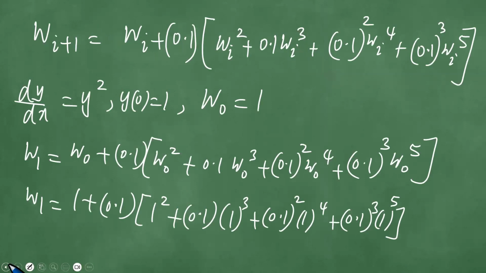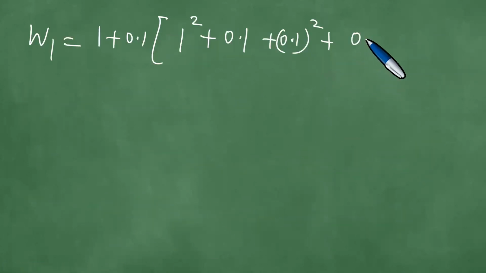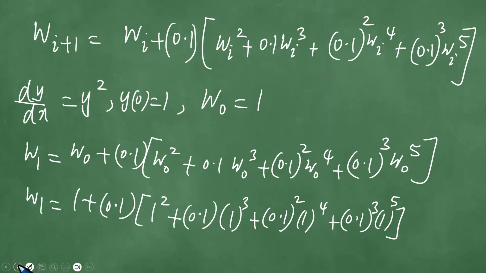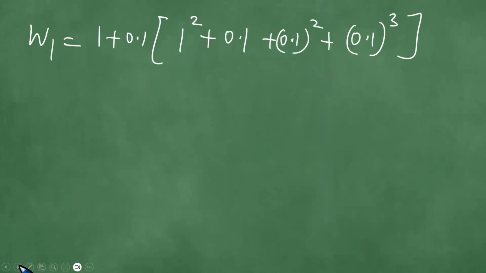And then after 0.1 squared, we have 0.1 cubed. Like this. Okay. So this is W1. We just calculate this one.